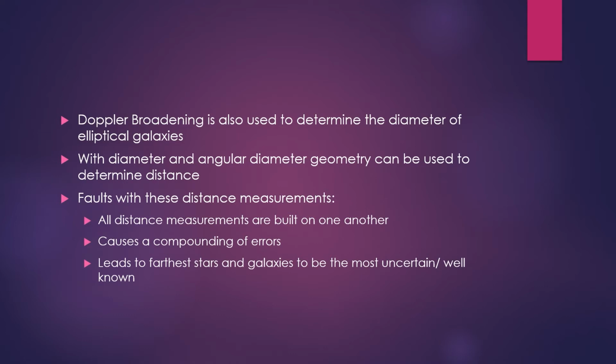So you can go from being plus or minus 1 light year, let's say, to, let's say, plus or minus 250 light years, which can be a big difference in trying to figure out how much of an error you have in your calculation. But the result is the farthest stars and galaxies from us being the most uncertain and so the least well known.